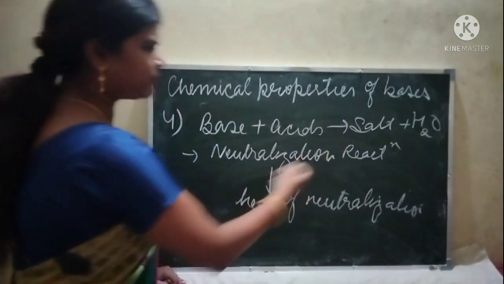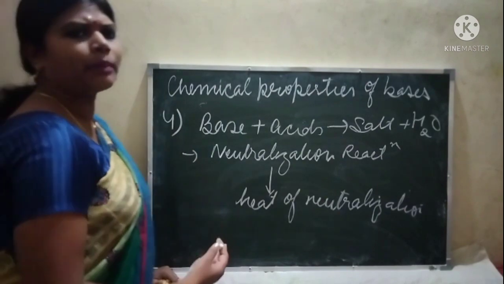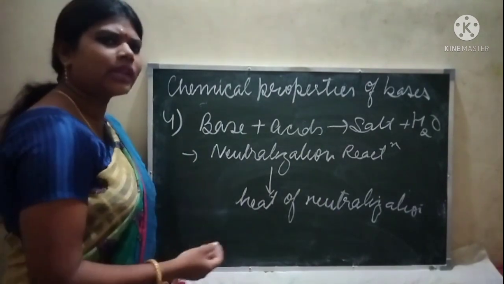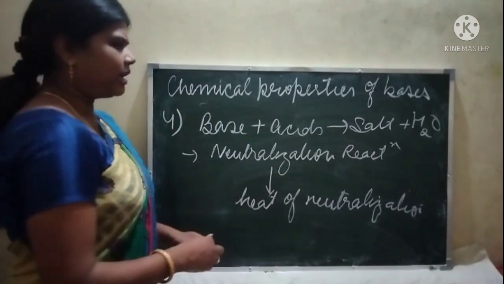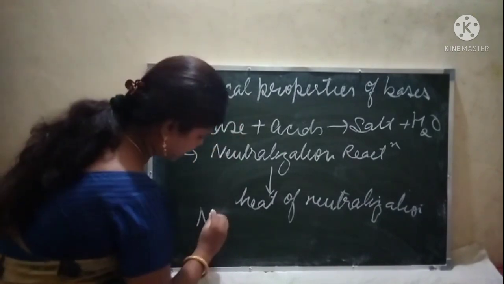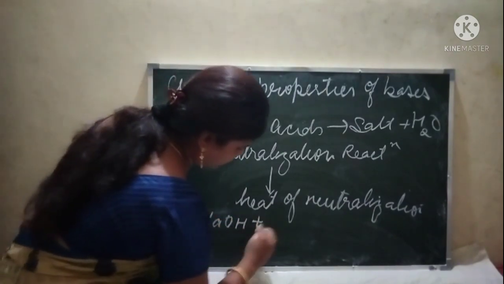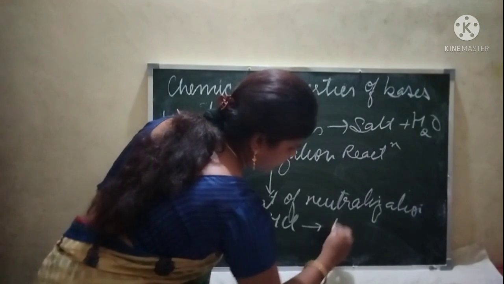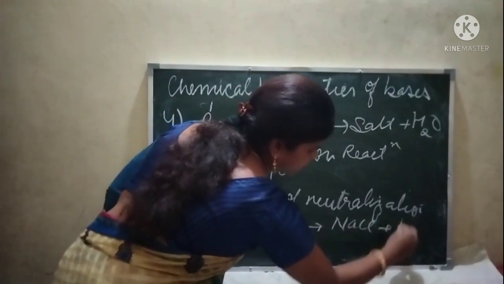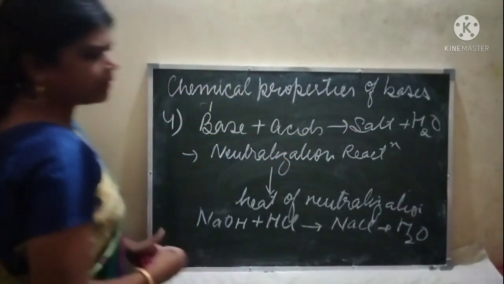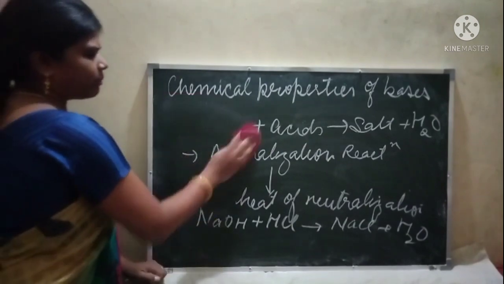Examples we have already discussed, like NaOH reacting with HCl gives NaCl plus H2O.